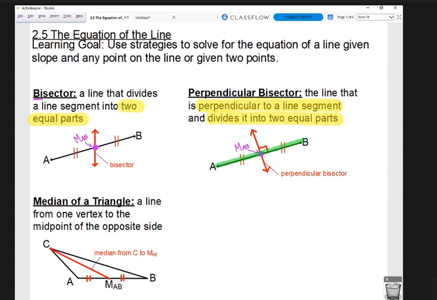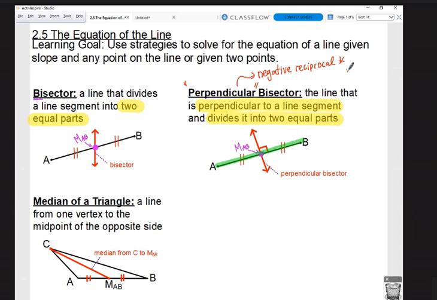And that's an important thing to note, because whenever you hear the word perpendicular, whenever there is a right angle, we've got to be thinking negative reciprocal. That's what's happening. So far, so good? Okay.